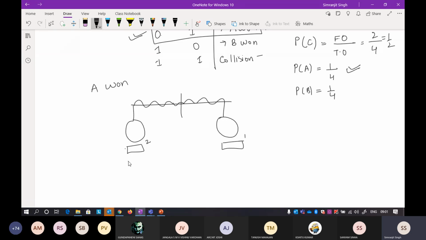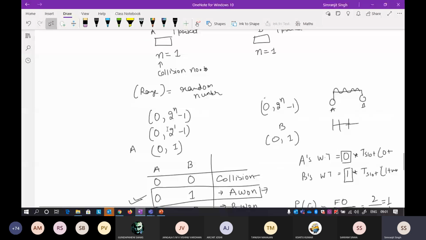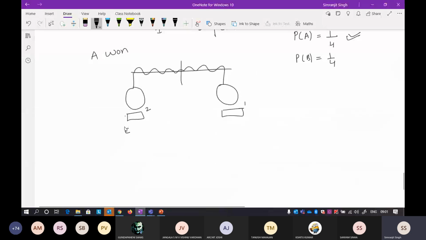So the collision number, I think, what is the number? N here. The collision number denotes how many times this packet is involved in a collision. This second packet is involved in a collision for the first time, so the collision number for this packet is 1, but the collision number for B's packet is 2, because the first packet of B is included in a collision the second time.